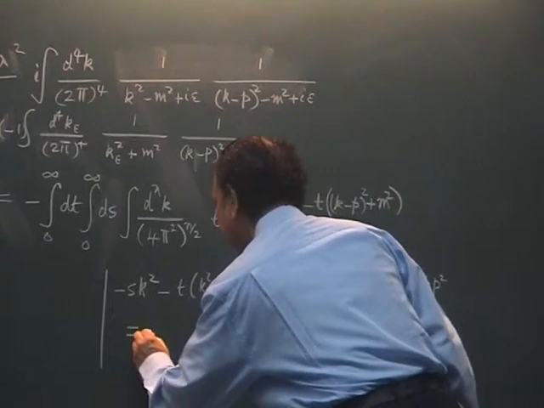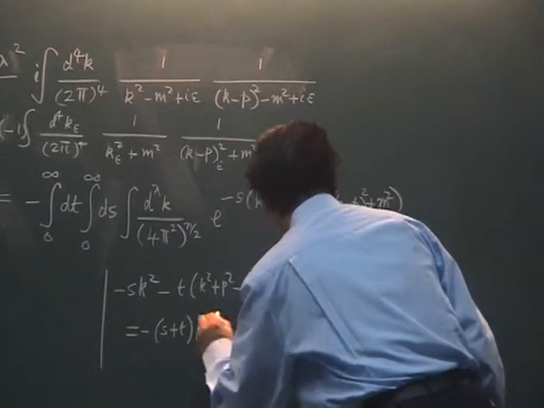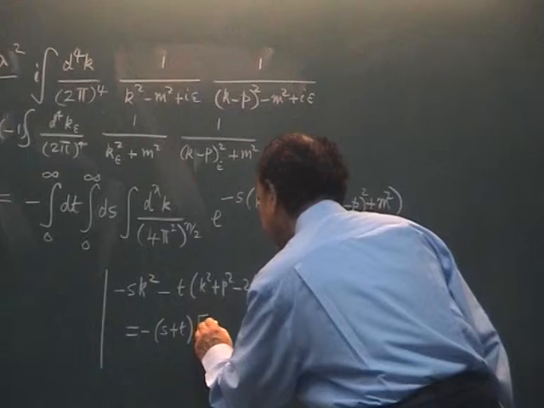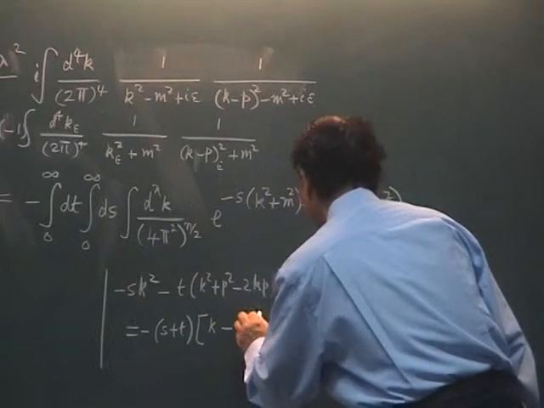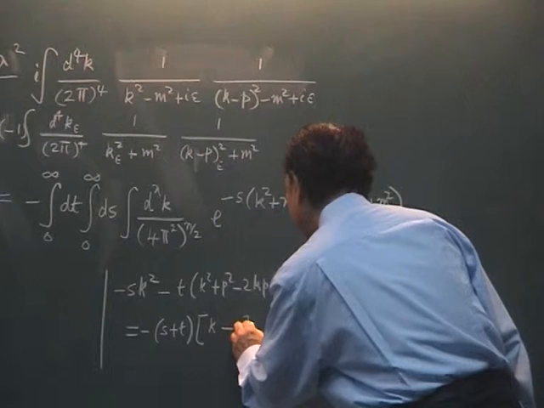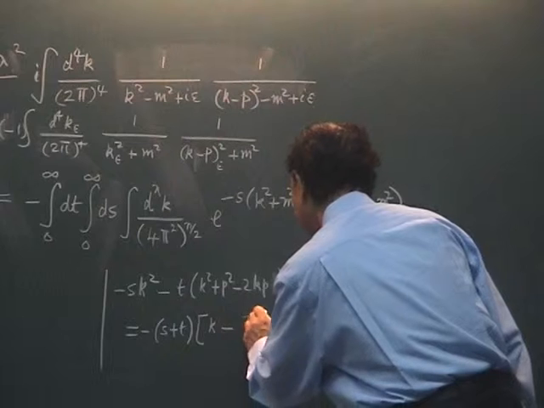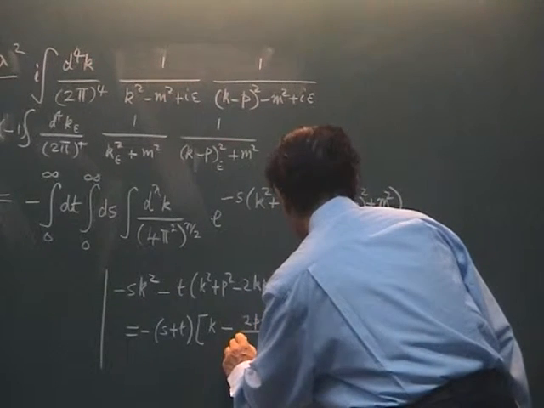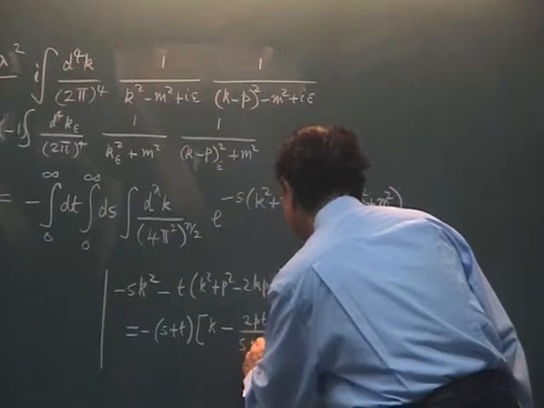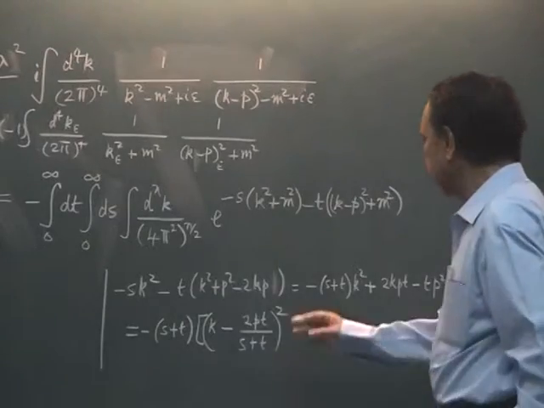So you write it as minus (s plus t) into (k minus pt upon (s plus t)) the whole square. So let us check this.